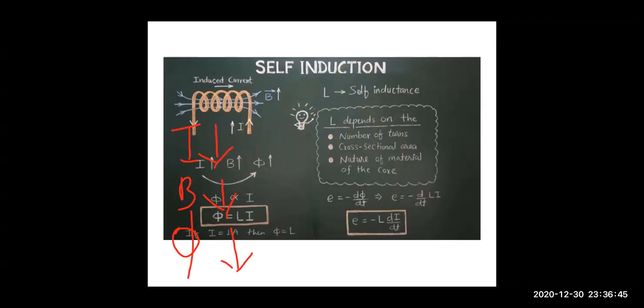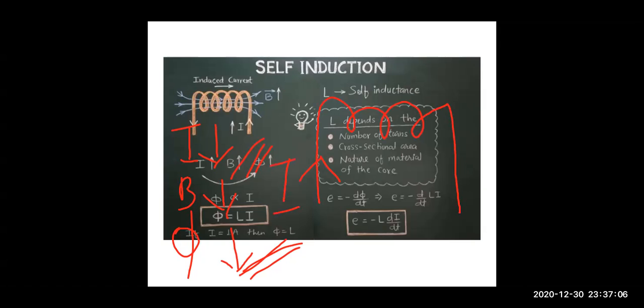What about the direction? Its direction will be such that it opposes the decrease in the current, it opposes the decrease in the flux. So it will oppose the decrease, meaning it will try to increase it. So in this case, children, if this is your coil and this is the direction of current.